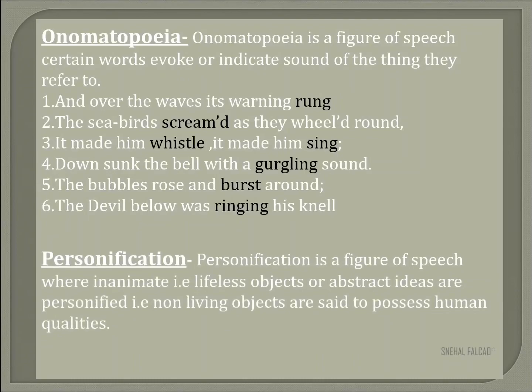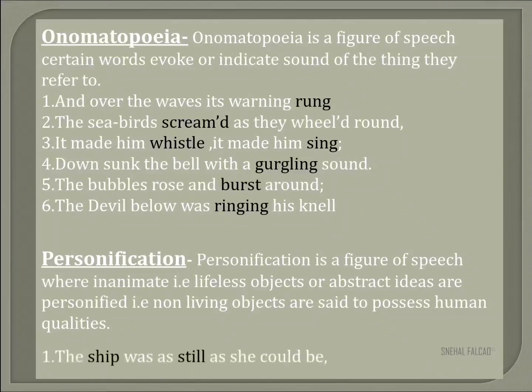There are also a few examples of personification in the poem. Personification is a figure of speech where inanimate, that is, lifeless objects or abstract ideas are personified. That is, non-living objects are said to possess human qualities.